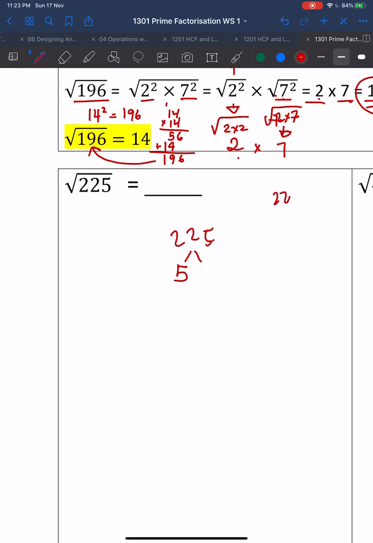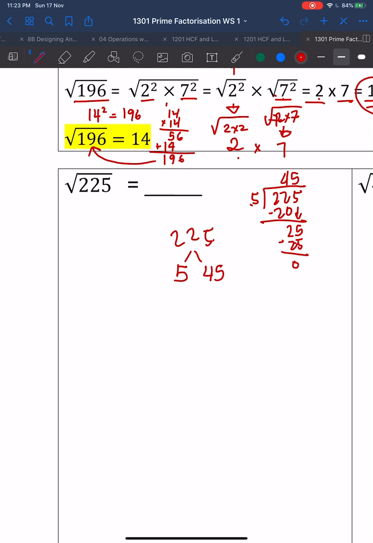So let's check. 225 divided by 5. 22 divided by 5 is 4, remainder 2. Bring down the 5. So 25 divided by 5 is 5. 25 minus 25 is 0. See? No remainder. That means it's divisible. So that means the factors of 225 will be 5 times 45.